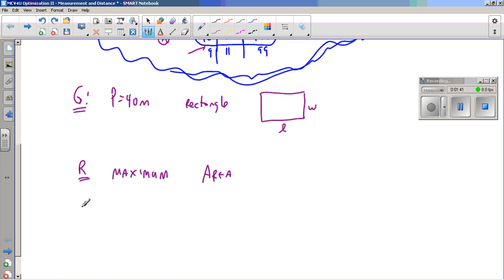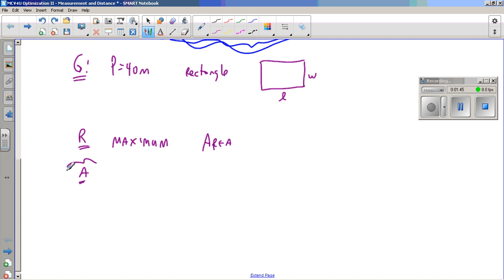And so in our analysis step, which is like our brainstorming, planning stage, A for analysis, we might think of some formulas. Well, we've got a couple, right? We've got the perimeter formula. Perimeter is 2 lengths and 2 widths, and we've got the area formula.